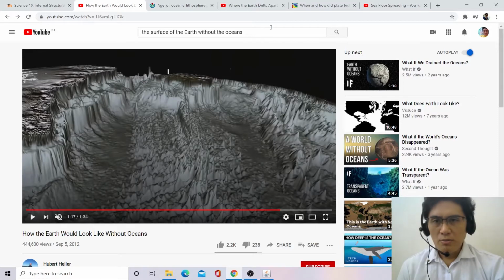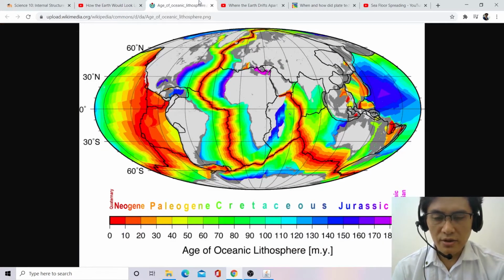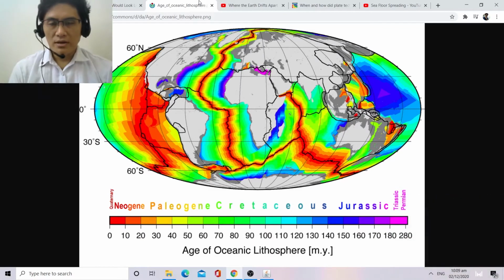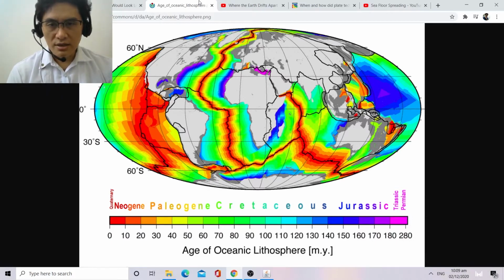So number one is the age of the oceanic lithosphere. So remember, class, that scientists have techniques to find out the age of these rocks in the crust.